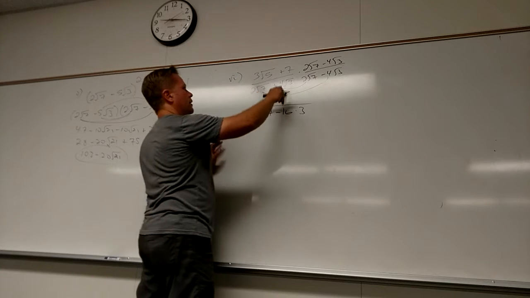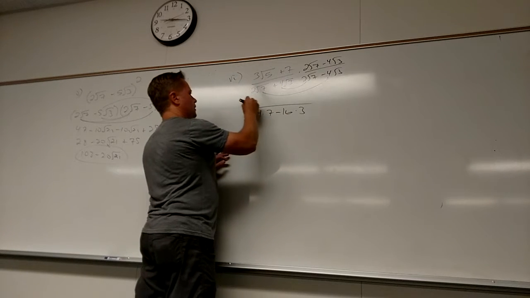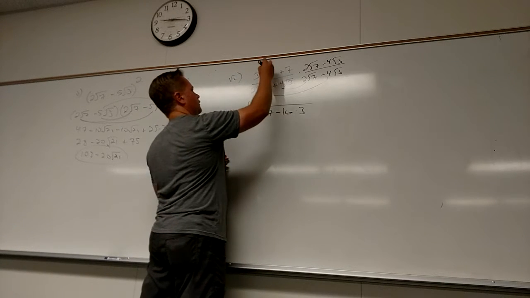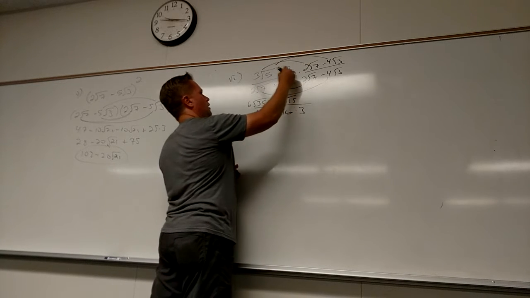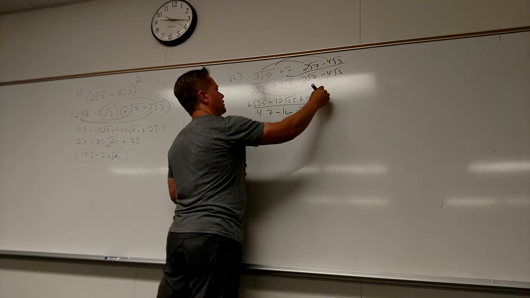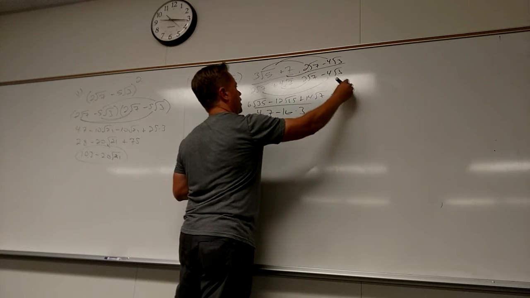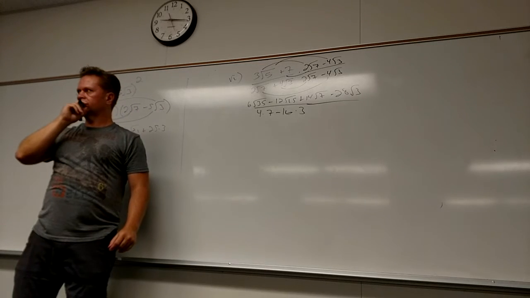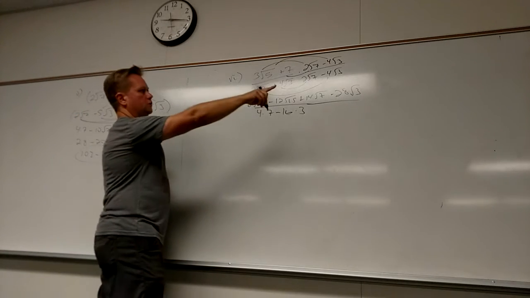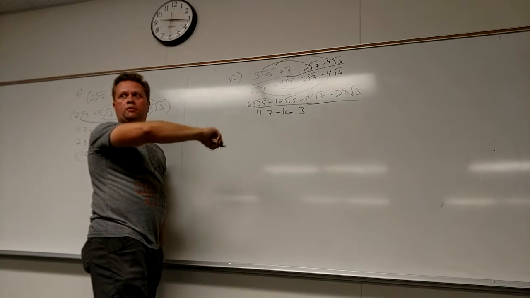The top is going to be whatever it is. So I get 6 rad 35, minus 12 rad 15, plus 14 rad 7, minus 28 rad 3. I can't do anything with the top. Does everybody see that? No like terms.